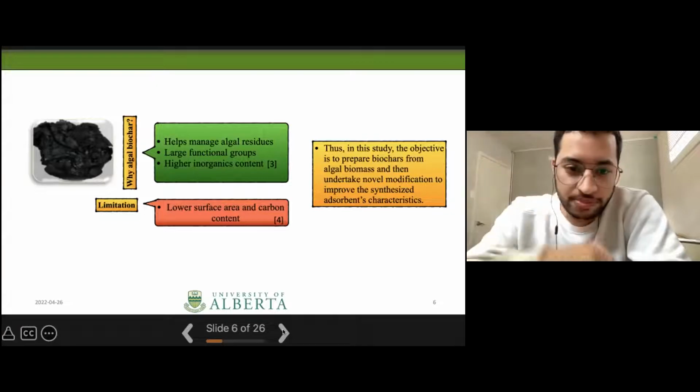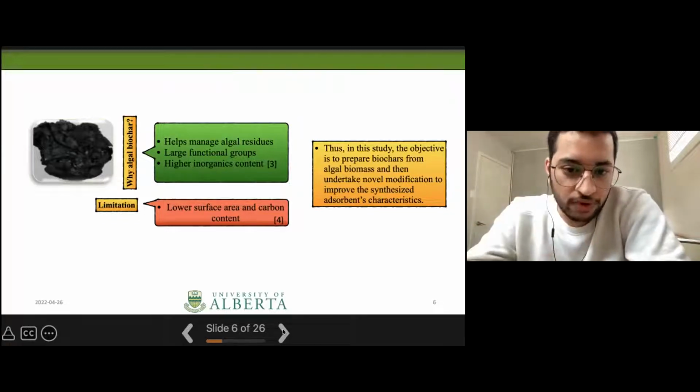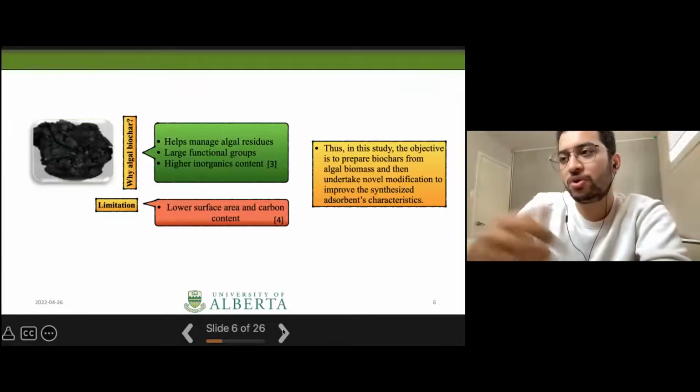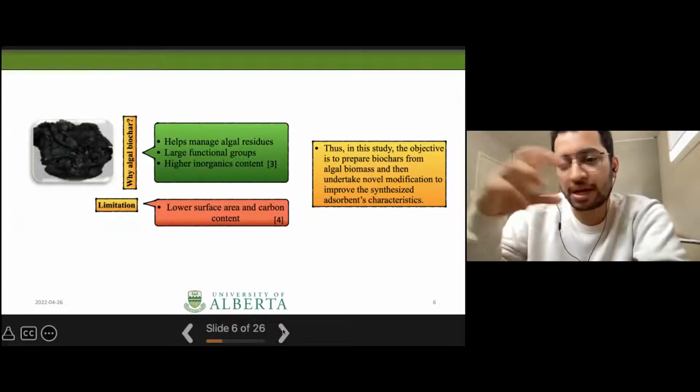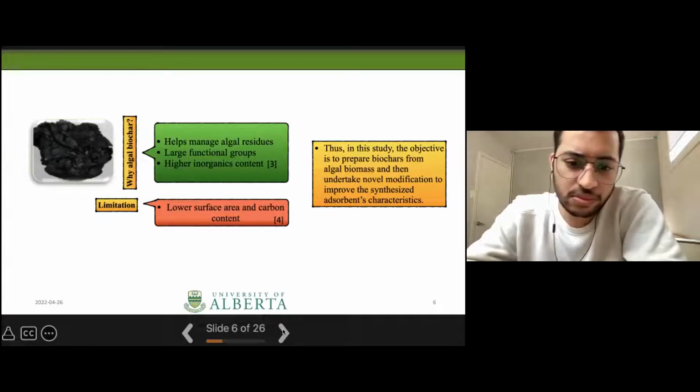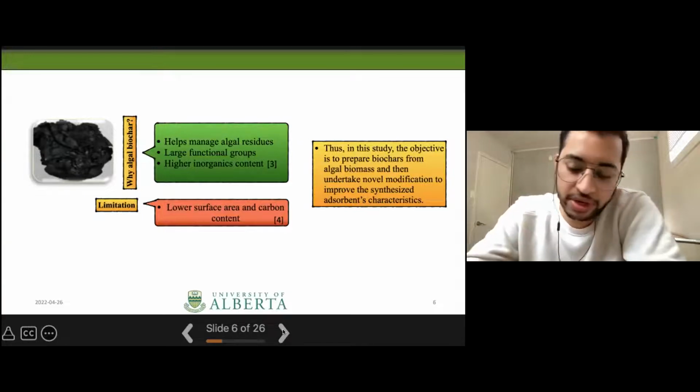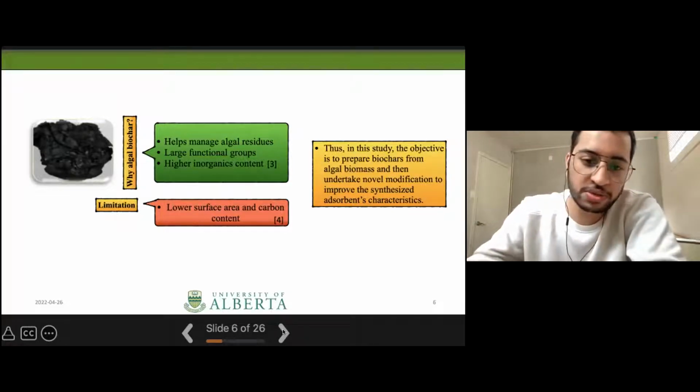So the objective of this study is to prepare biochar from algal biomass and to undertake a novel modification so that we can improve certain aspects of the algal biochar, and hence we can remediate malachite green properly.